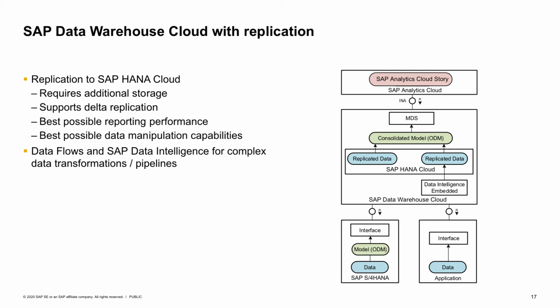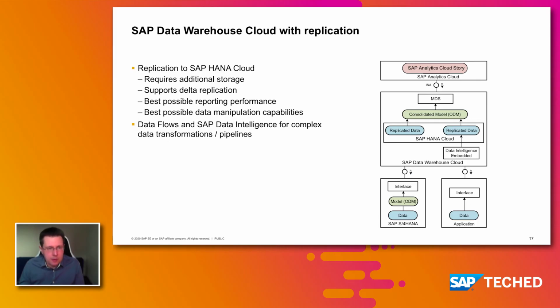So you will get only the updates to the changes that were done on the data. And in this case, we also achieve the best possible reporting performance. And you also don't influence the performance of your data sources, and you also get the best possible data manipulation capabilities.